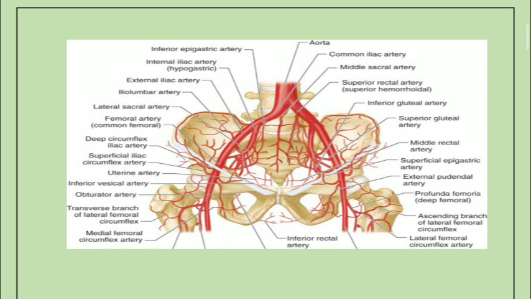So the pelvic arteries that come from the internal iliac artery are all illustrated in this diagram. You also have the diagram here showing each internal iliac artery. You can appreciate the internal iliac artery and the branches that supply the pelvis.